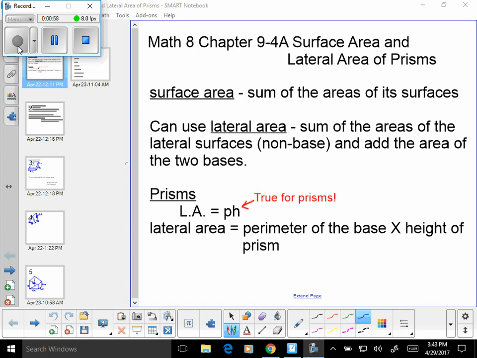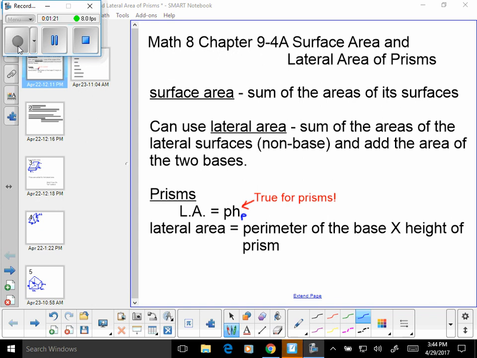There is a general formula for prisms that says that lateral area is the perimeter of the base times the height of the prism, and we usually put a subscript p down here to tell us that it's the prism. Now, perimeter, this is what I've been trying to get across to you with some of these math minutes.